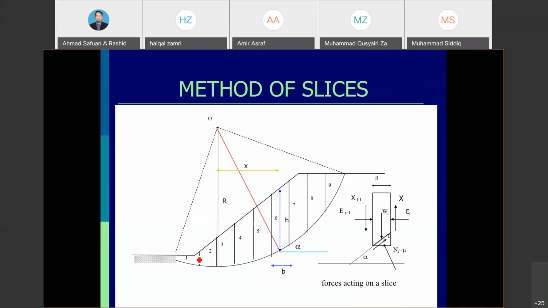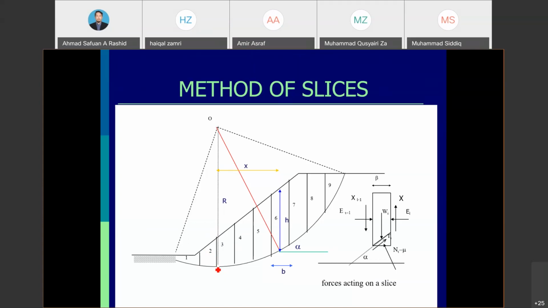We may divide into several slices. The most important thing is that the base of each slice should represent one type of soil properties only.